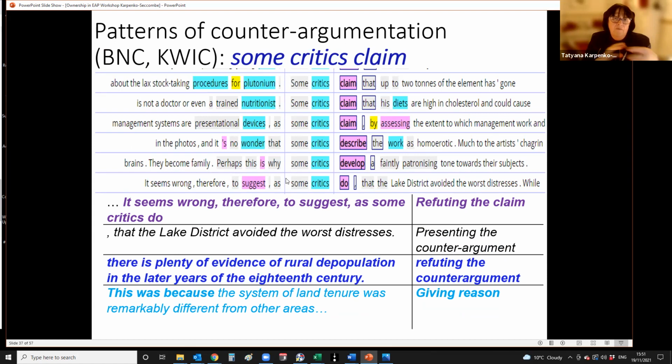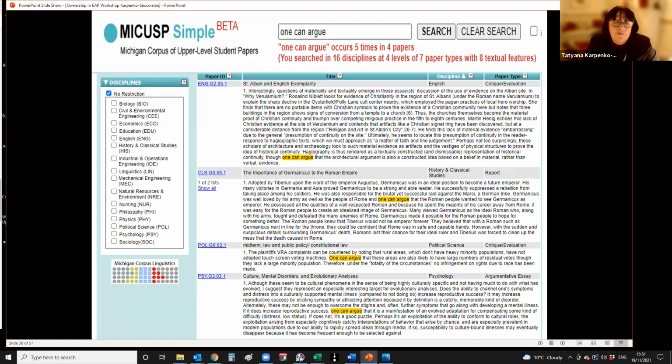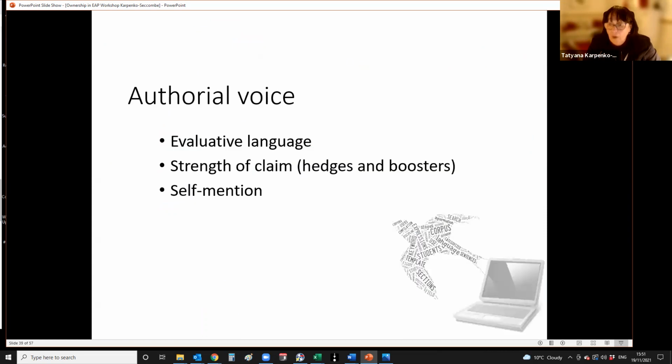And again, even though the moves are slightly different, there are two basic parts to it: counter-argument and disagreement, and refuting of this counter-argument. So, clicking by and words, and of course in MyCASP also, searching one can argue, we can find larger chunks of text which can sometimes be useful to explore with students, to see the whole counter-argumentation path.